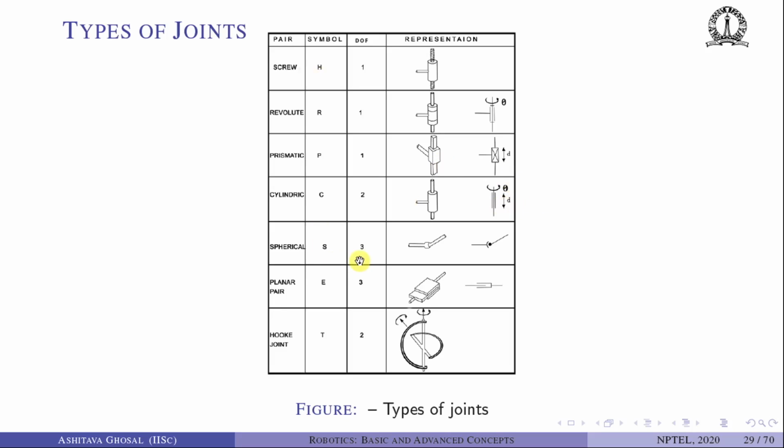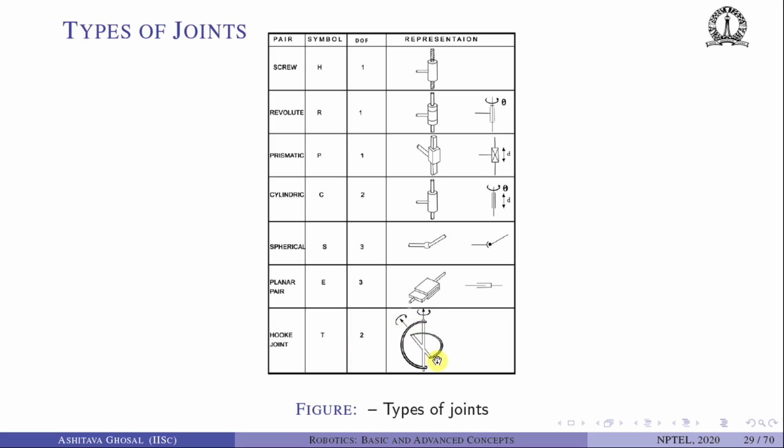A spherical joint has 3 degrees of freedom. A spherical joint is also sometimes called a ball and socket joint. Basically I have one link here and another link here. The second link can rotate with respect to the first link about 3 different axes. So it has 3 degrees of freedom. For the hook joint, sometimes the symbol used is T, sometimes U. It has 2 degrees of freedom.